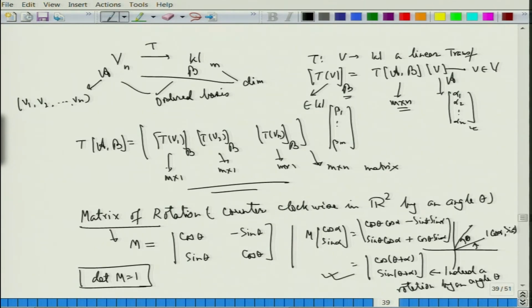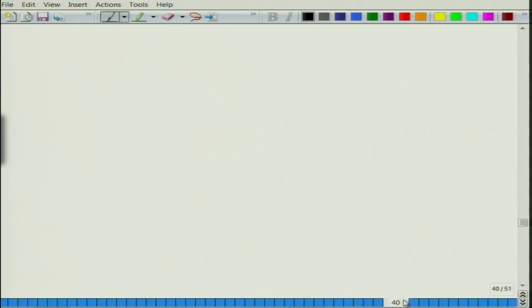Now, the idea of studying such things is also that one has to take care of this. For example, if I want to look at R3, all right, and I have a robot, I want to move that robot from one point to another point, or from any point to any point, then I should be able to understand what are called rigid motions. So we need to understand what are called rigid motions.